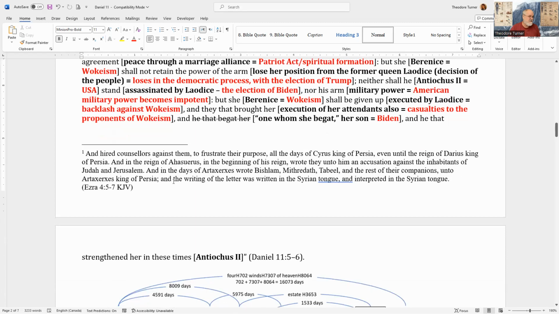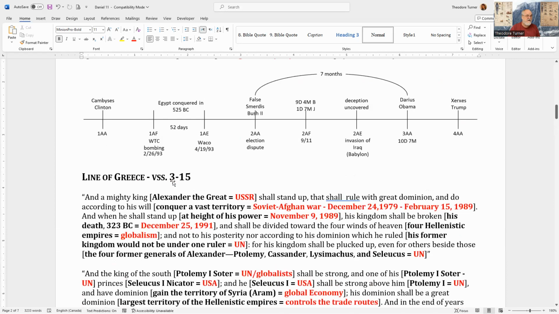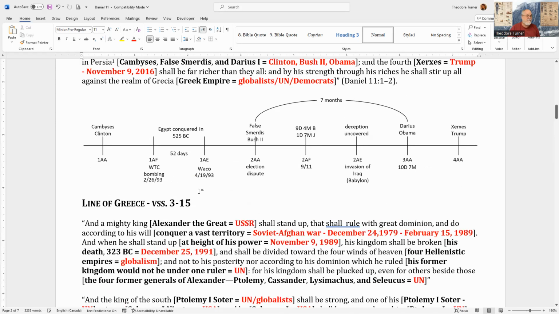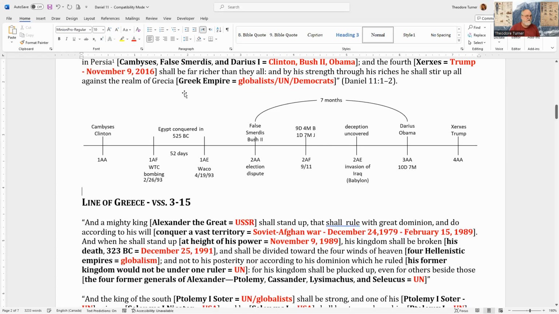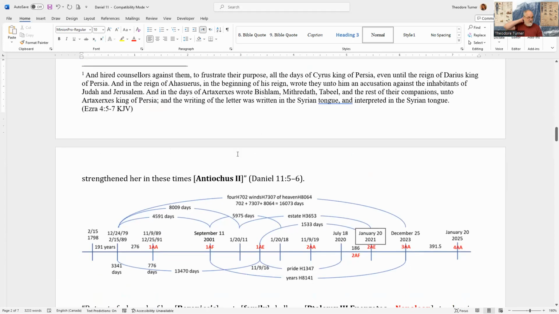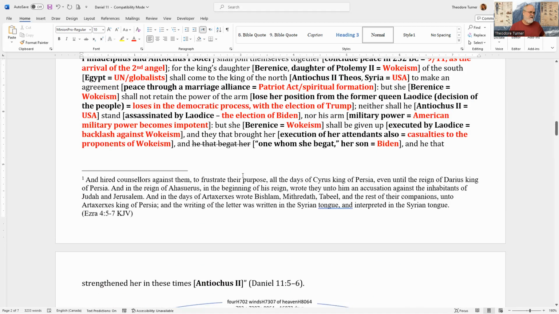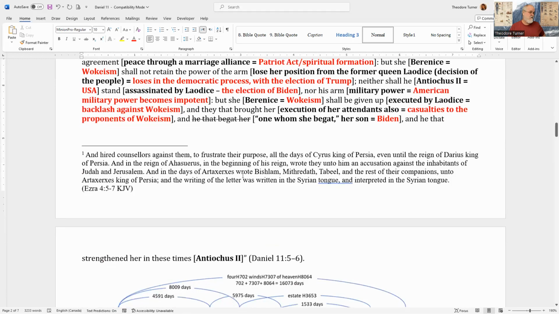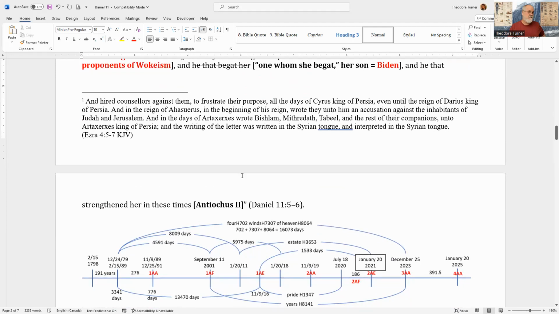So, and then he that strengthened her in these times, well, that's Antiochus II, and we just have to say, well, how do we address that? So how do we address strengthened her in these times? So, we just say the USA, because that's how we've had Antiochus II represent the USA. So we could say that the US was supporting wokeism, but the United States shall not stand.